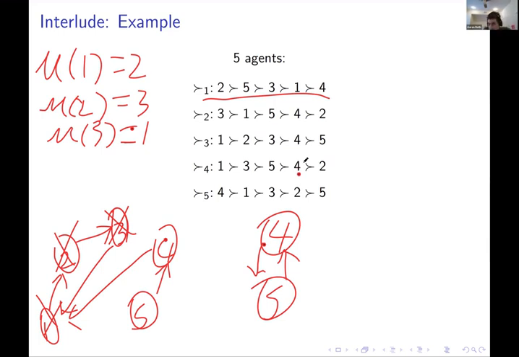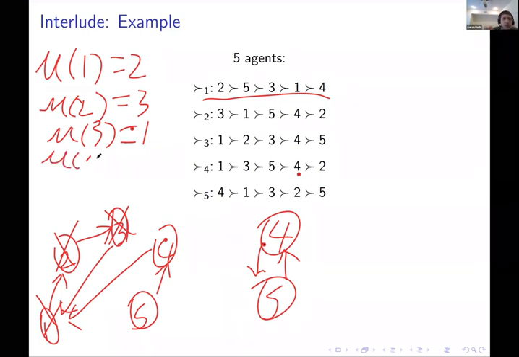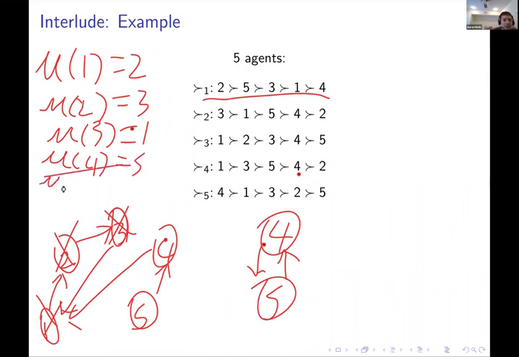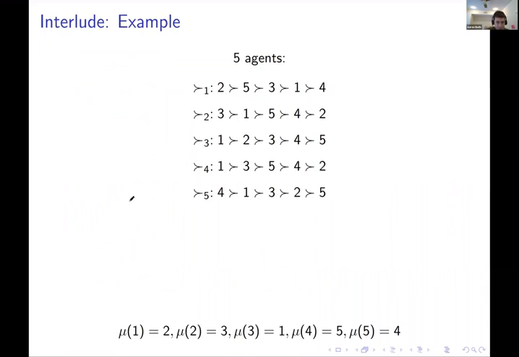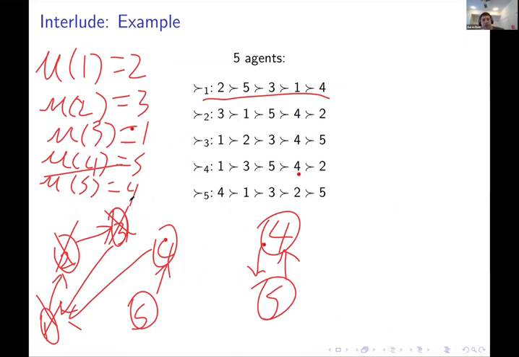And so we have one more cycle to clear, and we clear it. So the good that goes to player 4 is good 5, and the good that goes to player 5 is good 4. And so, okay, 2, 3, 1, 5, 4. Did I do it right? 2, 3, 1, 5, 4. Yep. So that's how the algorithm works.